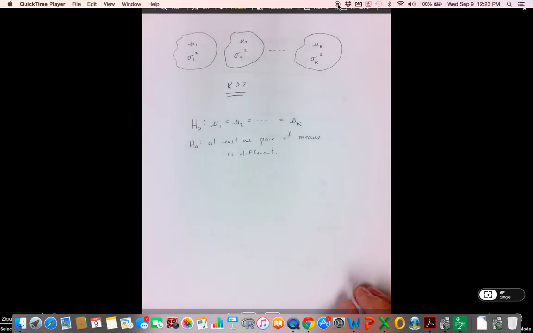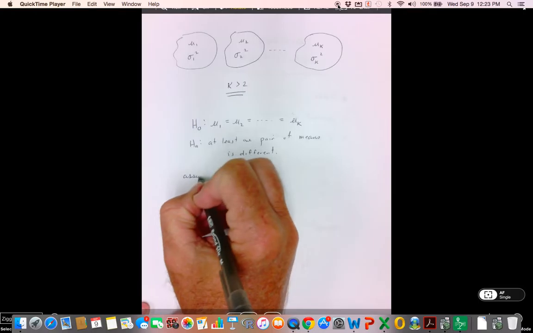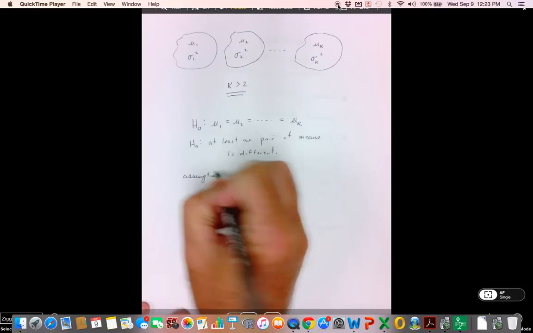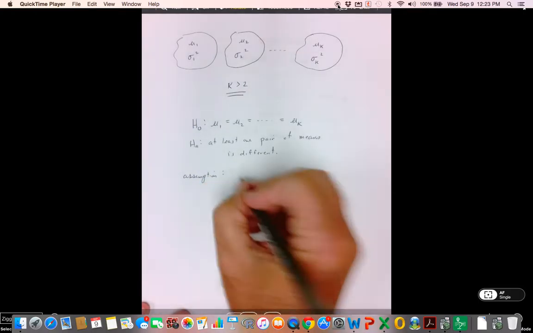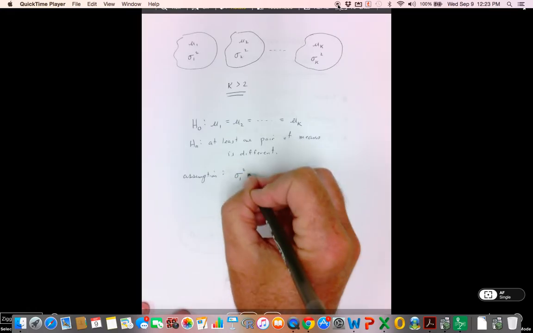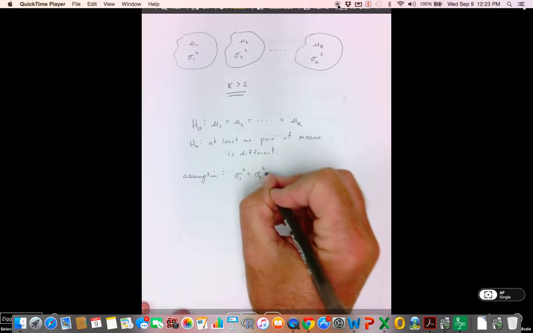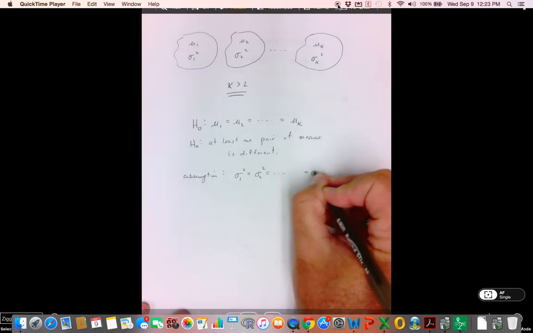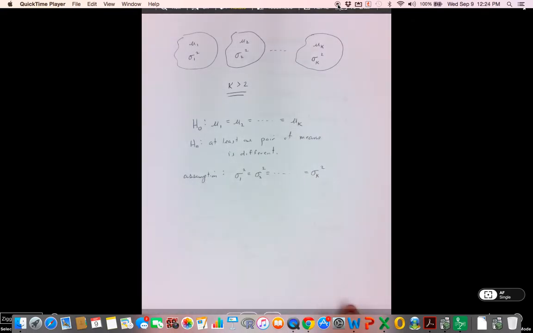And again, let me be completely thorough here, with the assumption that we're drawing from populations that have equal variances. That's one of the assumptions that we have when we conduct an ANOVA.